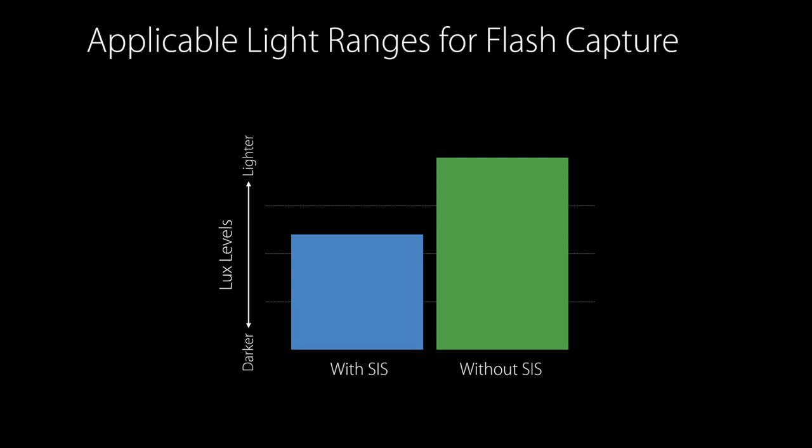The blue bar represents the light levels at which the photo output will use the flash if you've opted in for SIS. The green bar represents the applicable light levels for flash if you've opted out of SIS. Note that with SIS on, the photo output can do without the flash in darker scenes. This is because SIS lowers the noise in the image to a point, so the flash is not needed.